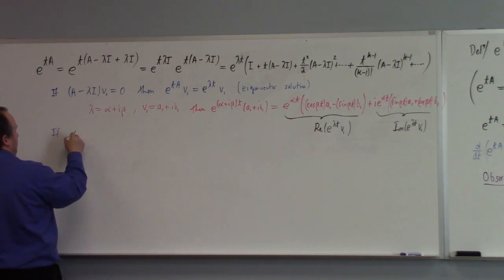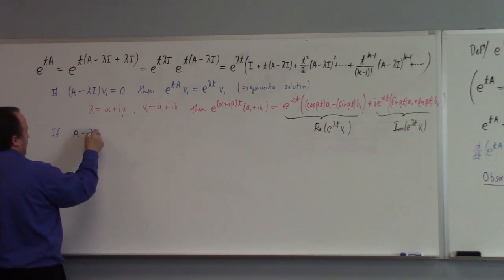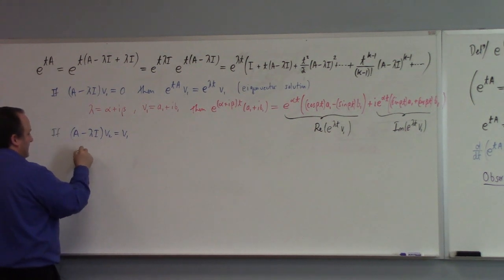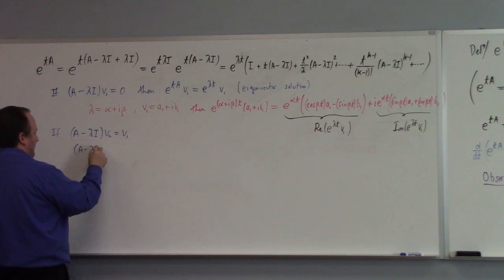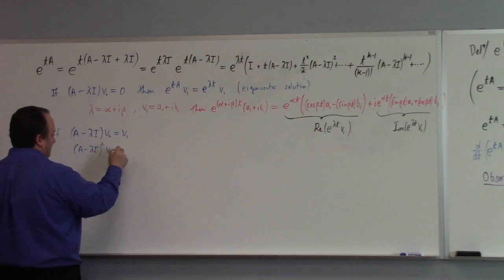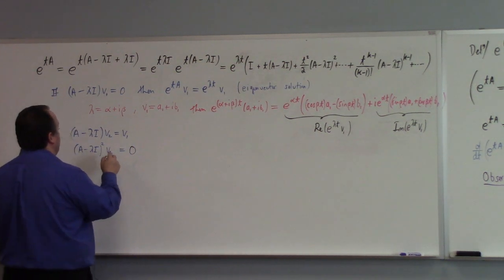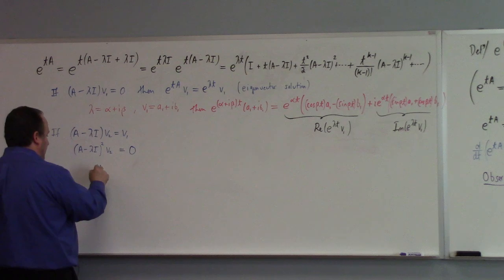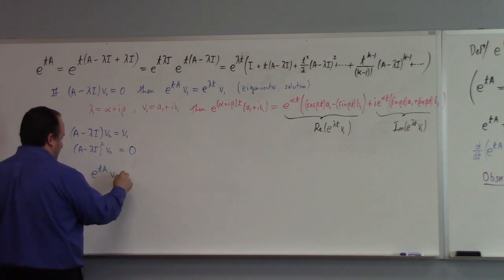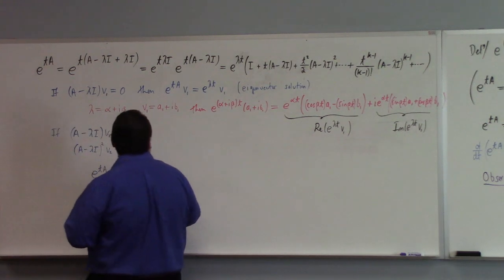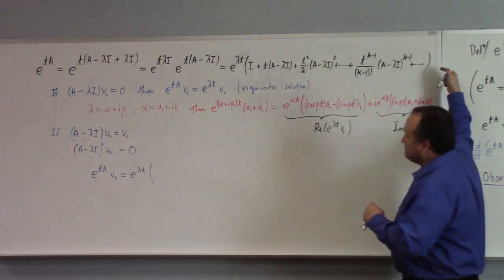And it's in a chain, right? So like (A minus lambda I) v2 equals v1. That would make (A minus lambda I) squared v2 equal to what? A big 0, right? And in that case, if we take e to the tA times v2, what do we get? We get e to the lambda t times what? Think about multiplying v2 through this.